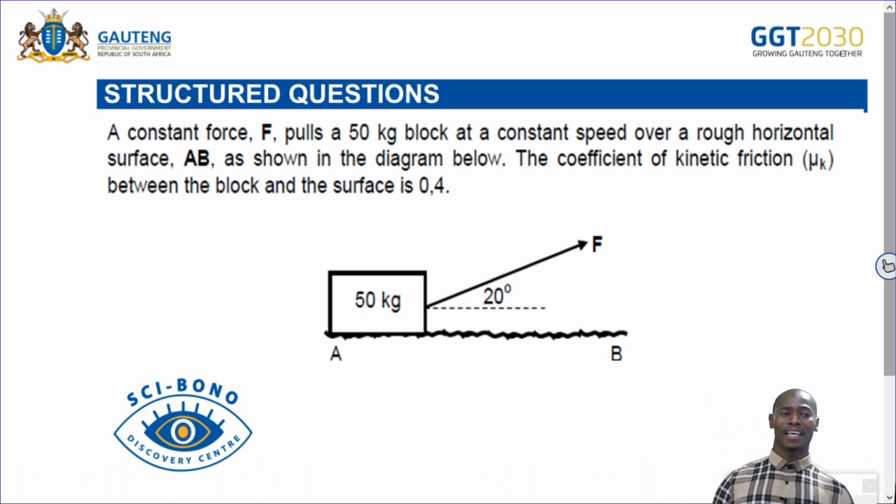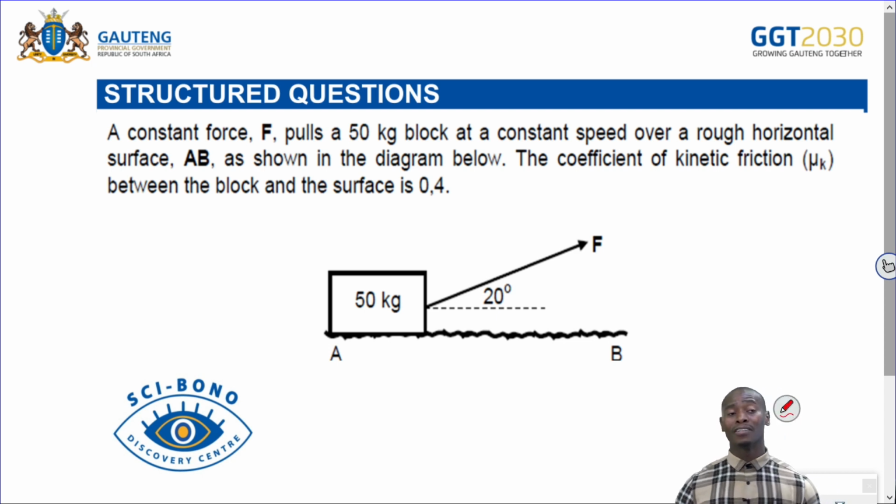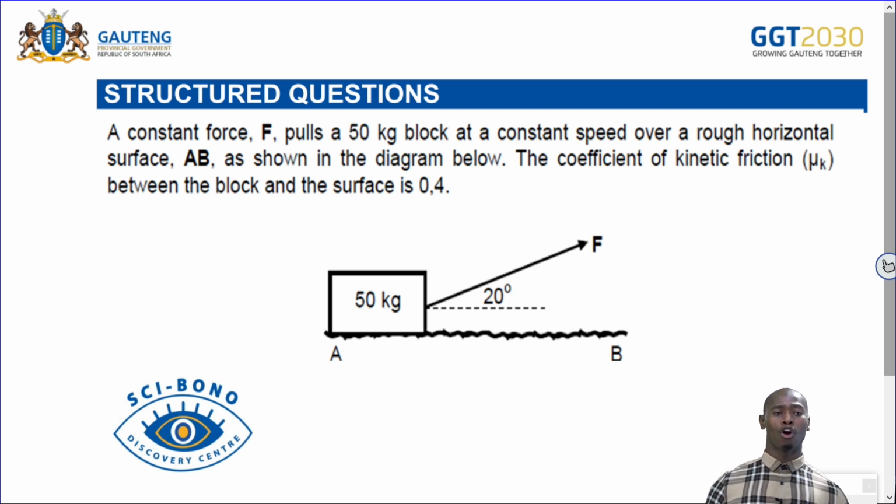A constant force F. Please be careful, learners. I know when learners see the word constant, some of them just become happy. It's not what is important here. Check what is constant. They didn't say constant speed here, where you would say F net is equal to 0 and acceleration will be 0, but they are talking about a constant force.